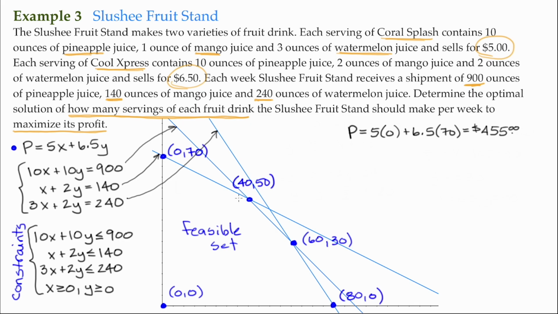We'll try this coordinate here. It's going to be 5 times 40 plus 6.5 times 50. 5 times 40 is 200. 6.5 times 50 is 325 for a total of $525.